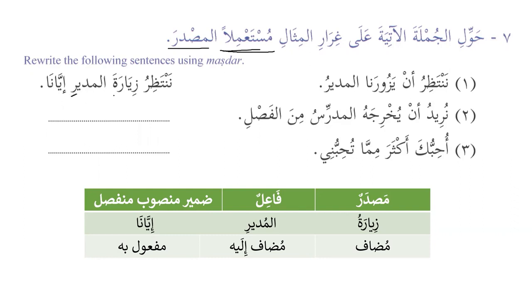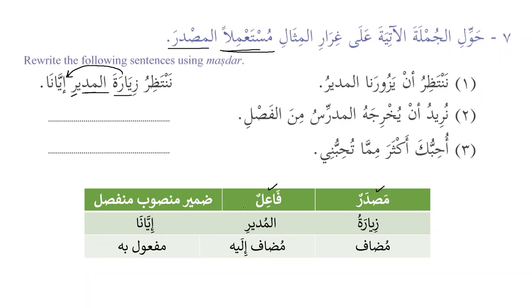But here, because we have masdar and after that it is used as mudaf, when it is used as mudaf, then we have to use the detached pronoun. And if you see over here, ziyaratu is mudaf and al-mudir is mudaf ilayh. Similarly, ziyaratu is masdar and the masdar has fa'il as well, the doer.